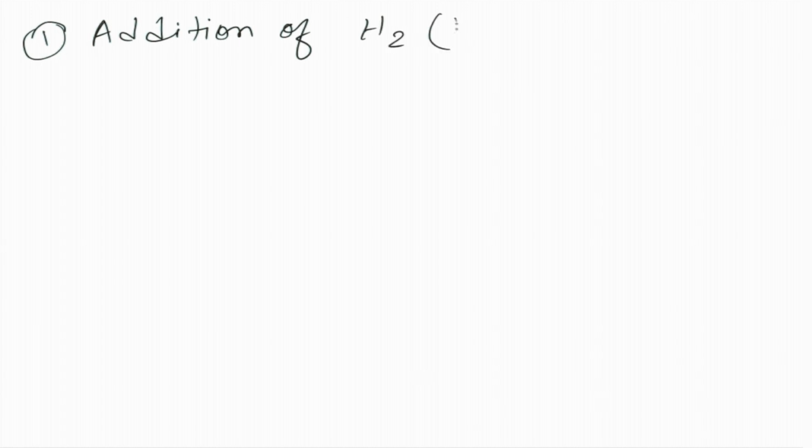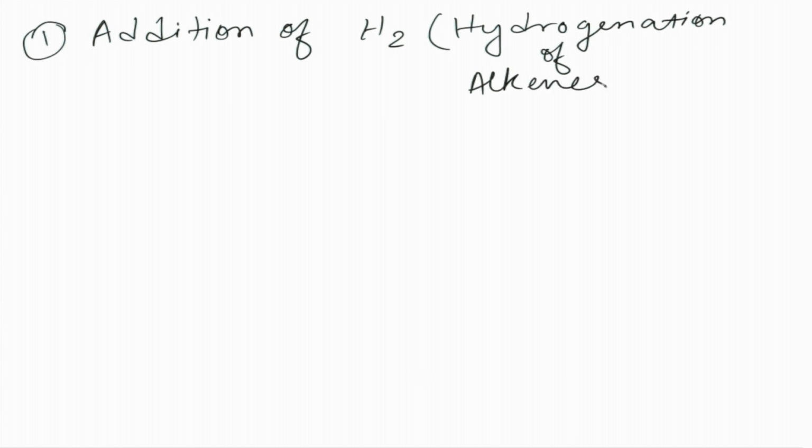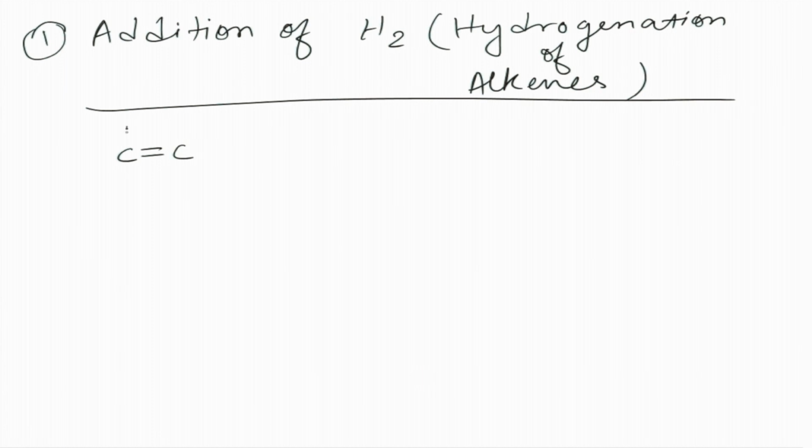So, the first one is addition of hydrogen, or hydrogenation of alkenes. Okay. So, let us say this is ethene.